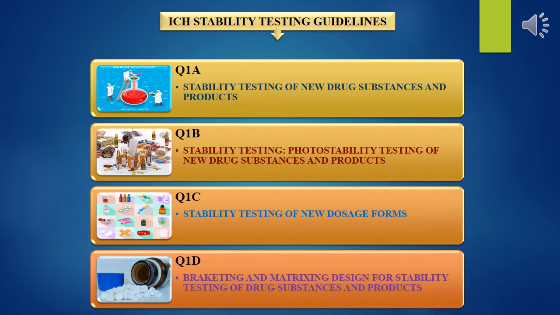Q1C is for new dosage forms like tablets, capsules, syrups, whatever different new dosage forms are developed. For that, stability testing is given under Q1C guidelines. Then Q1D is for bracketing and matrixing design for stability testing of those substances and products.